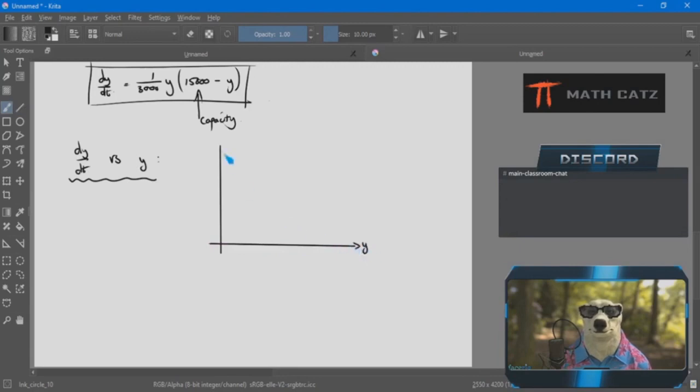It's going to be y on the horizontal axis, dy/dt on the vertical axis. And that's just a parabola with horizontal axis intercepts 0. And let me draw a parabola. This guy is much wider and flatter than this, but who cares? Just visualizing it. Over here is 15,000.